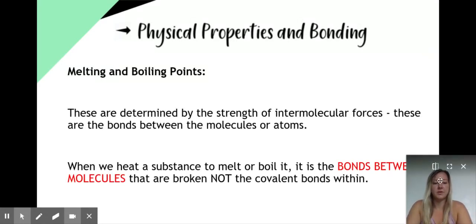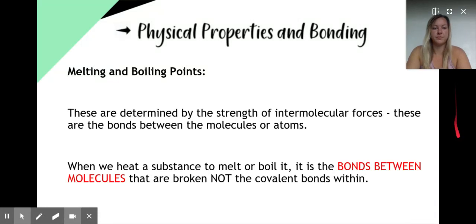So melting and boiling points first of all. These are determined by the strength of the intermolecular forces. So remember, this is the bonds between the atoms or molecules, not inside. It's the ones that are between. When we heat something up to melt or boil it, it is these intermolecular bonds, or the forces between the molecules, that are broken.